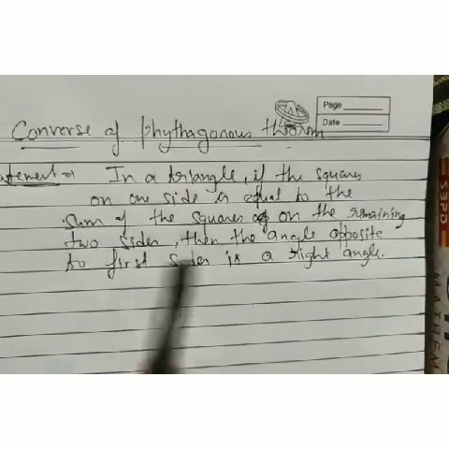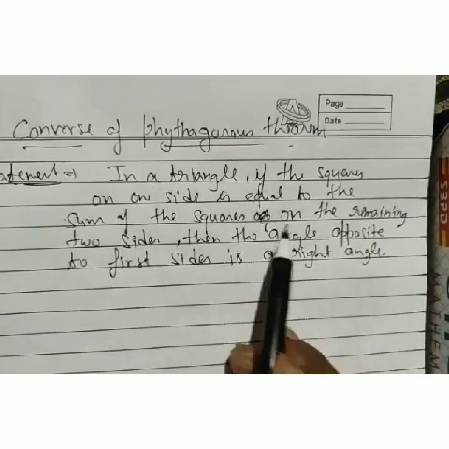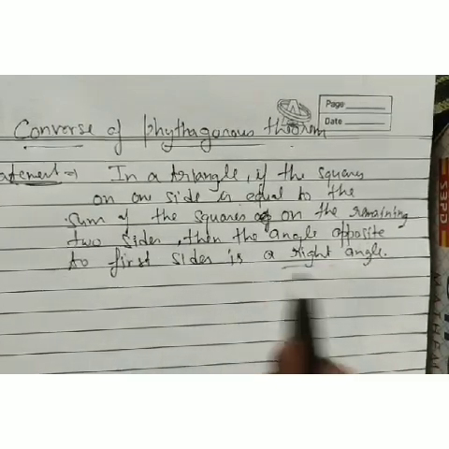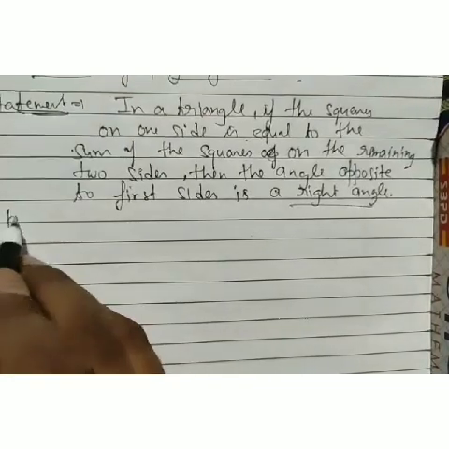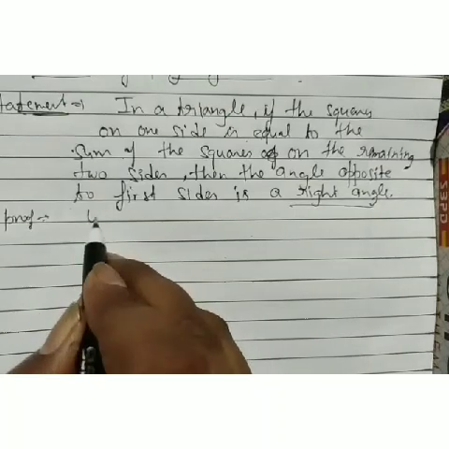In a triangle, if the square on one side is equal to the sum of the squares on the remaining two sides, then the angle opposite to the first side is a right angle. Now we move to the proving part. What do we have given?